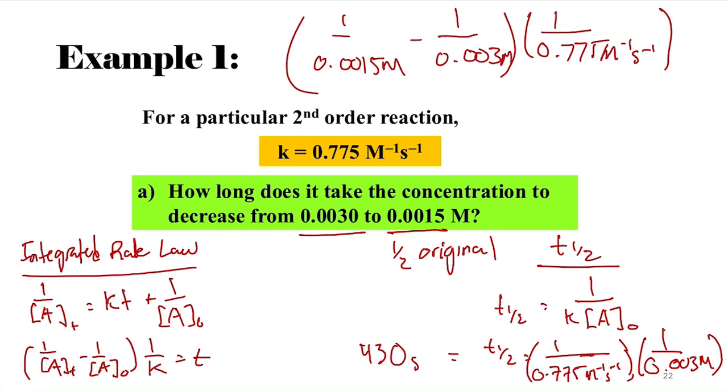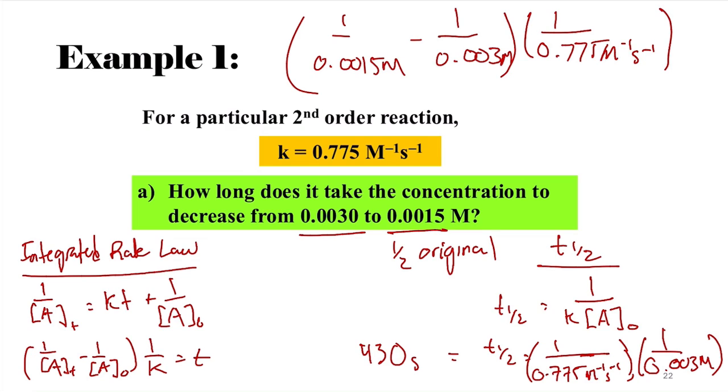So it's going to be 2 divided by, I messed up. 1 divided by 0.0015 minus 1 divided by 0.003, divided by 0.00775.